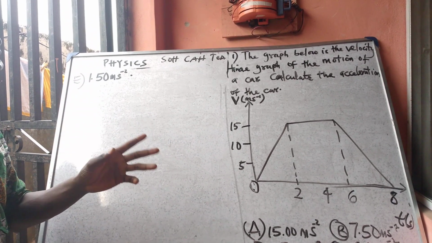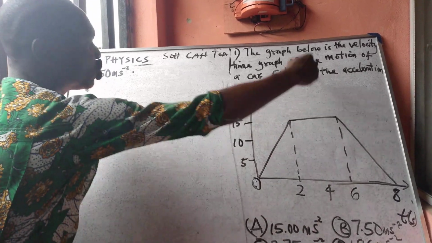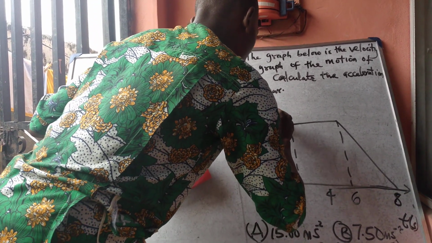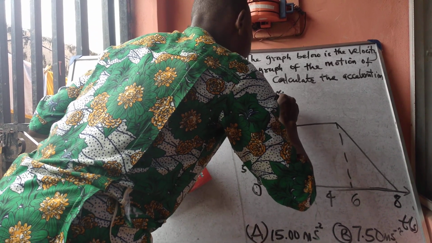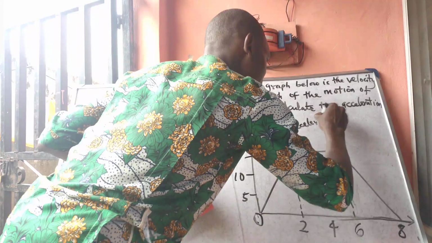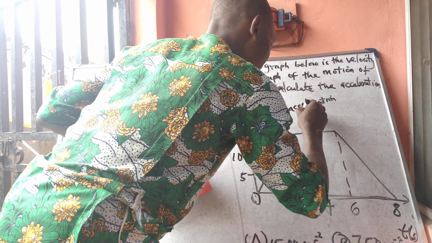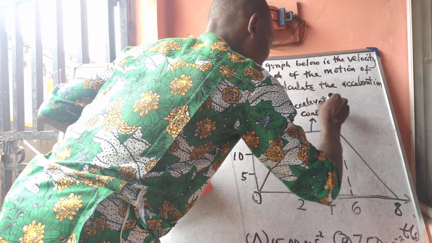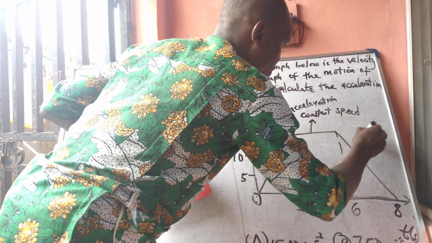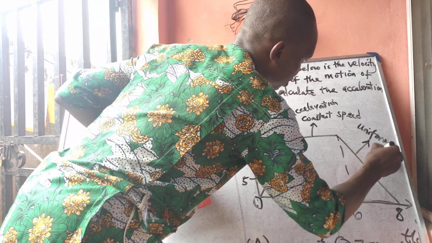Now we have to obtain the acceleration. One thing you should know is that this slope, or the gradient, shows us the uniform acceleration. And this component shows us the constant, or uniform, speed. And finally, this component shows us the uniform deceleration.